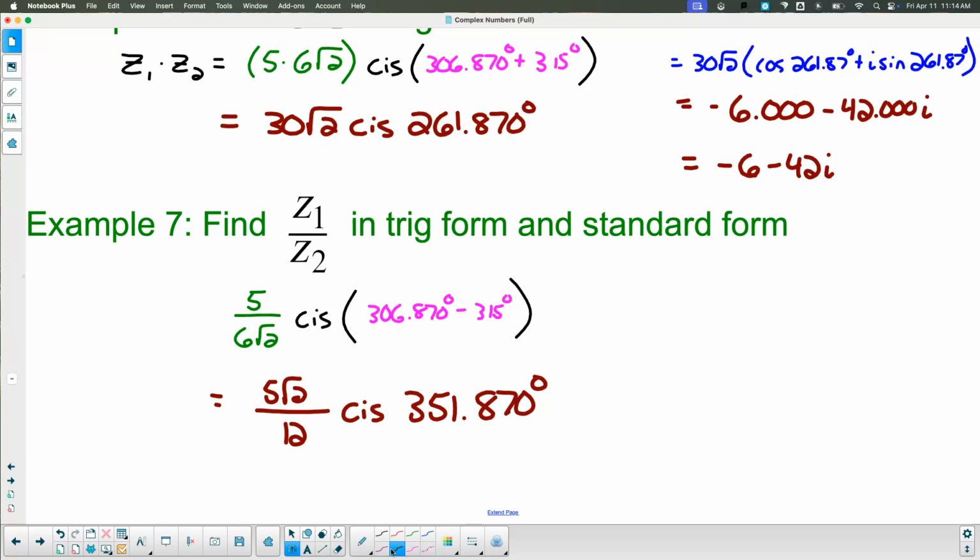The other one over here then was that, if we multiply that out, and we're exact. Okay. Decimal, negative 0.583 and negative 0.083 I on that one. We have the decimal. Okay. All right.